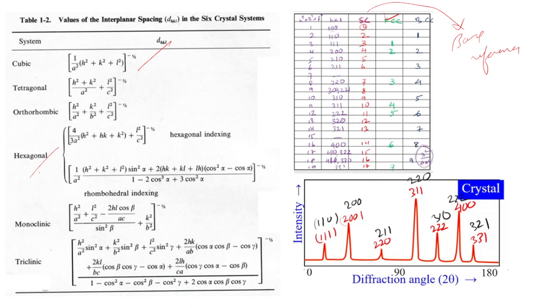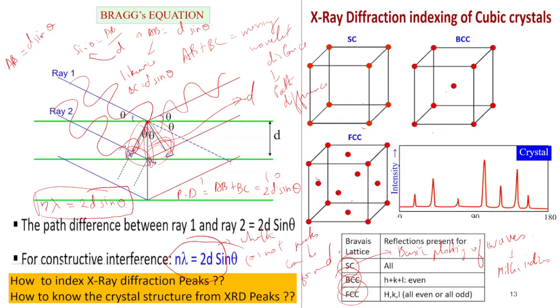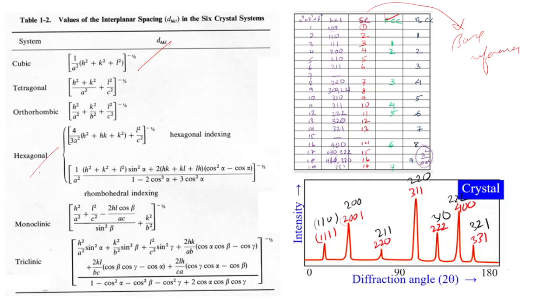Simple cubic will usually give an output like this, whereas if it is face centered cubic, then what did we see? We saw HKL should either all be even or all be odd. So here in FCC, all are odd, so this will be considered the first peak.